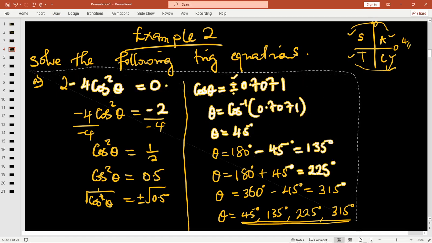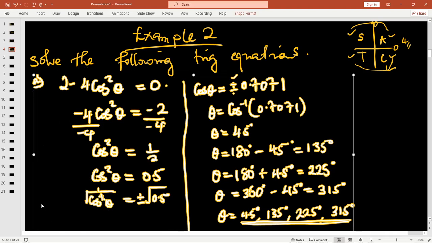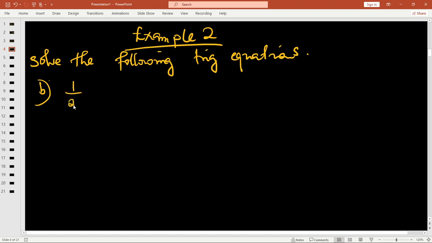I'll just erase what we have here. Okay, so the second example, we'll name it B. Here we have: solve 1 over 2 cot squared theta is equal to 1.3.